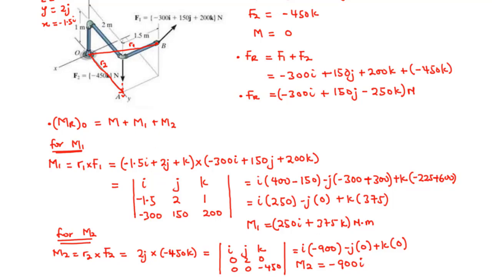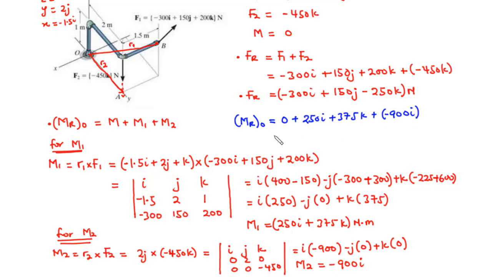Now, to find the resultant couple moment about O, we have M_R about O to be equal to M plus M1 plus M2. So we already have M to be 0, so 0 plus M1, that is 250i plus 375k, plus M2, which is giving us negative 900i.